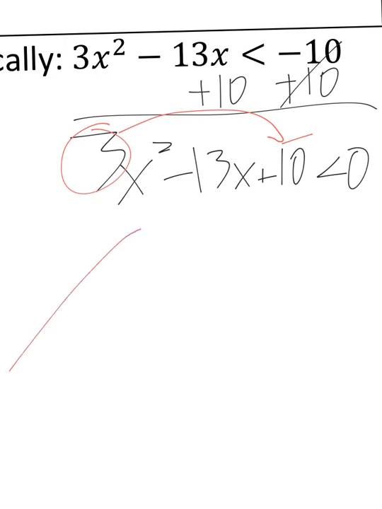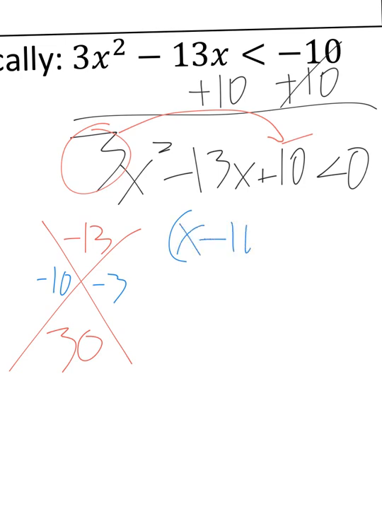So what are my factors of 30? 3 times 10 is 30, that add up to the middle number of negative 13. That will be negative 10 and negative 3. So x minus 10 times x minus 3 is less than 0. Because we multiplied a number to the back, now we have to divide it out.